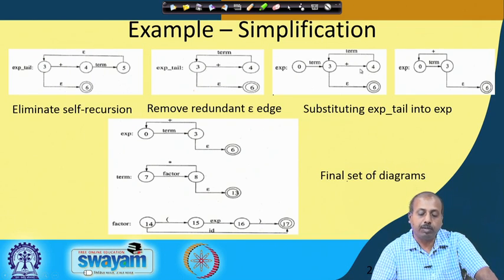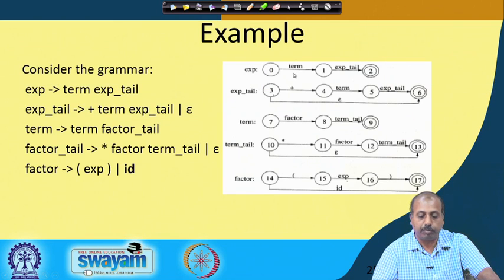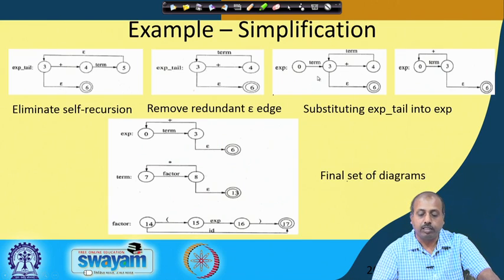Similarly, if we substitute this expression tail into the diagram for expression, the diagram of expression was like this, and there we had expression tail. Now we have modified the expression tail, so we just substitute that diagram there. This gives us term, then the expression tail diagram substituted.